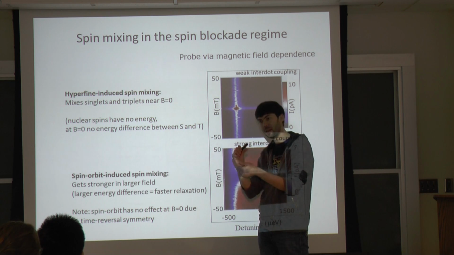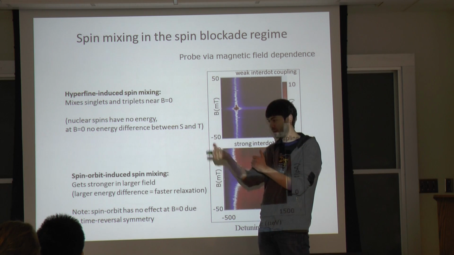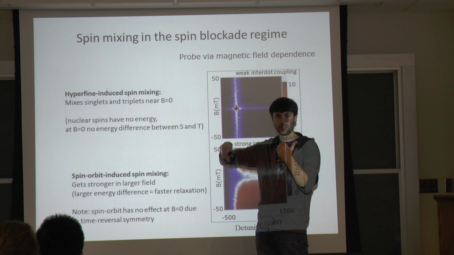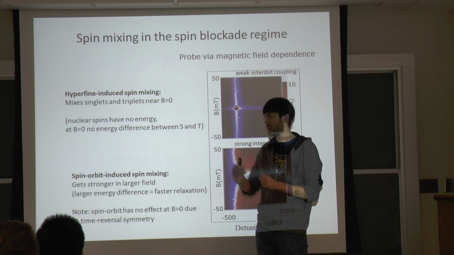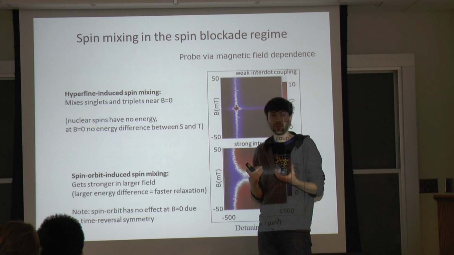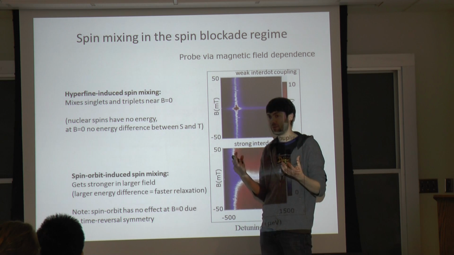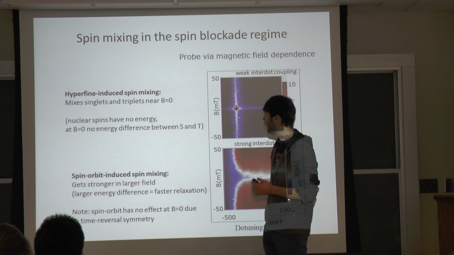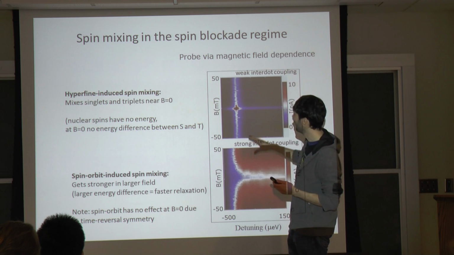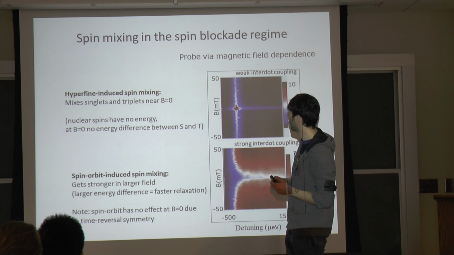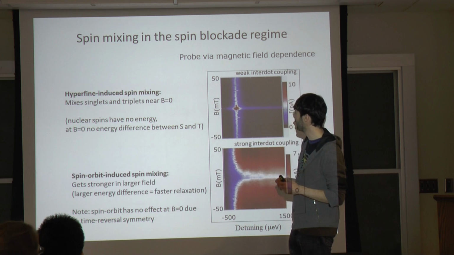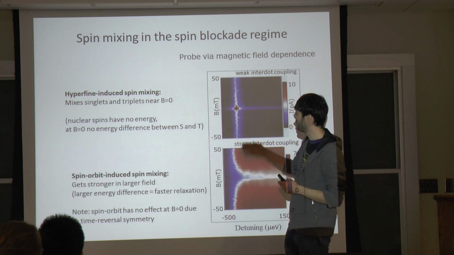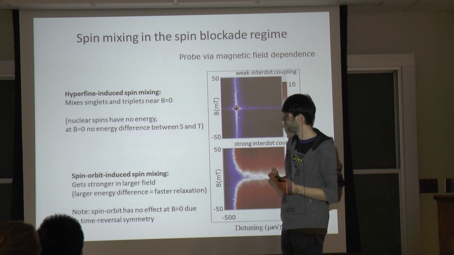And so you cannot do a spin flip and flip electron spin and give it to the nucleus because there is a huge energy mismatch for that. So that process becomes very inefficient. You can still have hyperfine interaction, but it is very weak. So in this regime, hyperfine interaction produces this kind of peak in current at zero field, and the spin blockade is lifted at zero field.